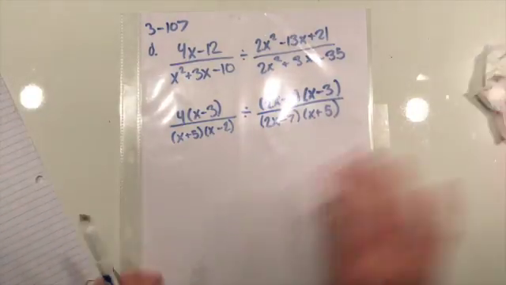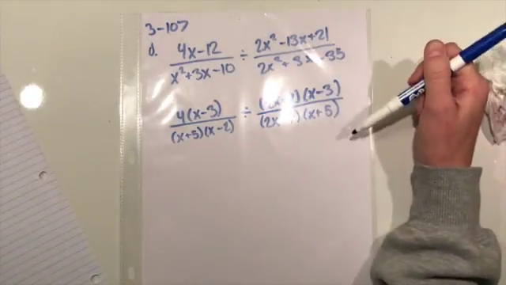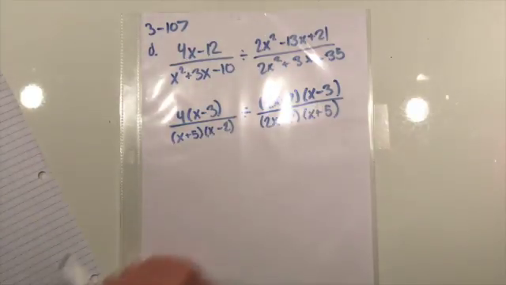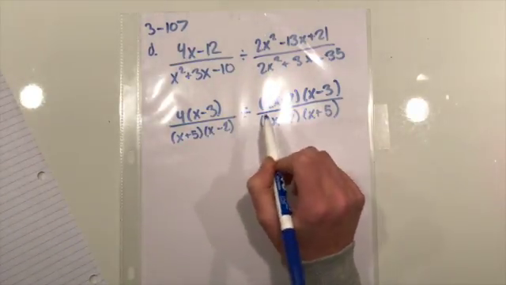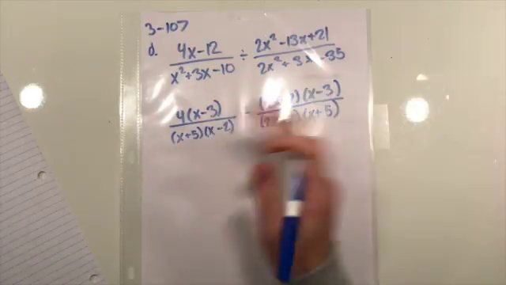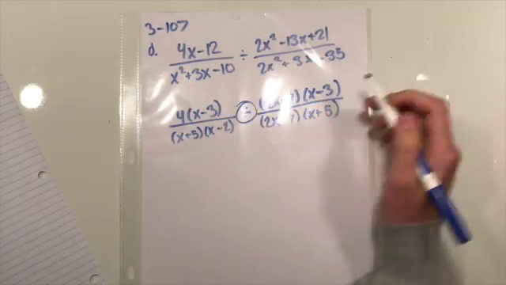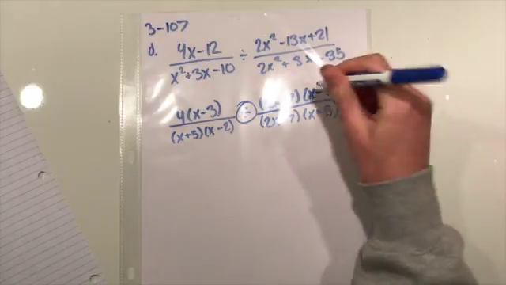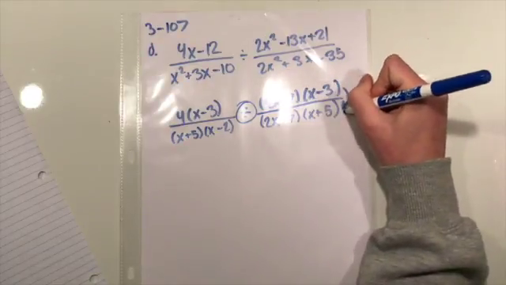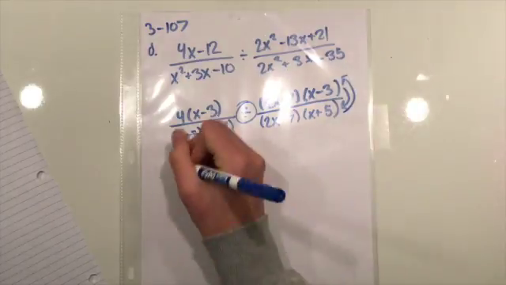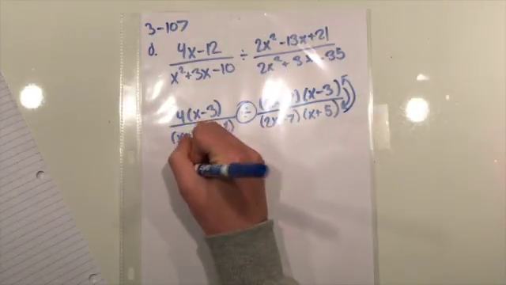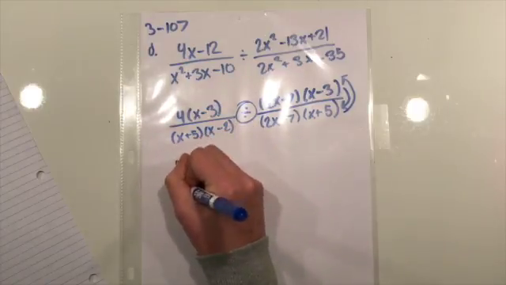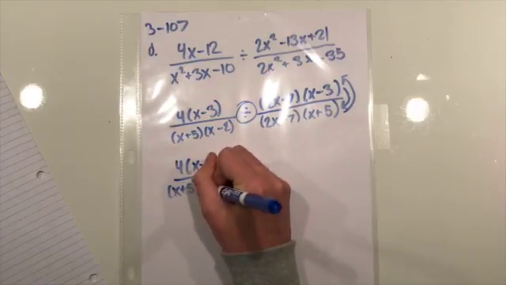We have it all factored now, but we still have this division sign, and we can't divide across. So we change it to a multiplication sign, and then we can go straight across. But in doing that, we have to flip the second fraction, switching the numerator and denominator. The first part stays the same: 4(x minus 3) over (x plus 5)(x minus 2).